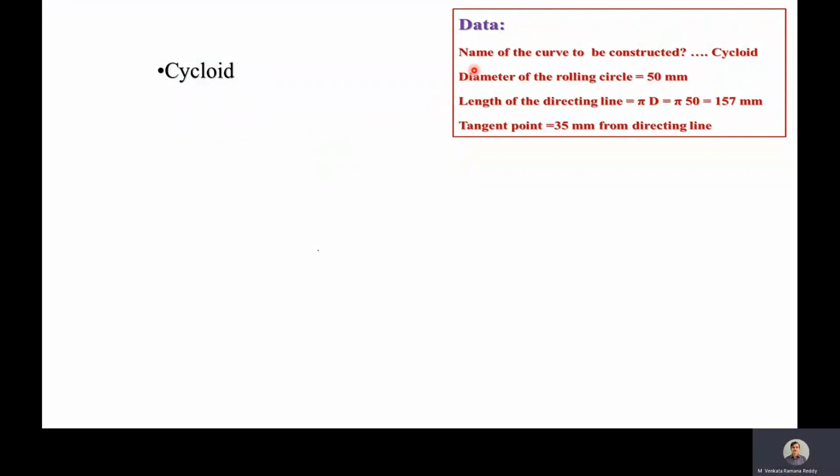In the problem, it is mentioned that the diameter of the rolling circle is 50 mm, and we have to calculate the length of the directing line, which is equal to 157 millimeters, and the tangent point is 35 mm from the directing line. Now, with C as a center, draw the rolling circle.